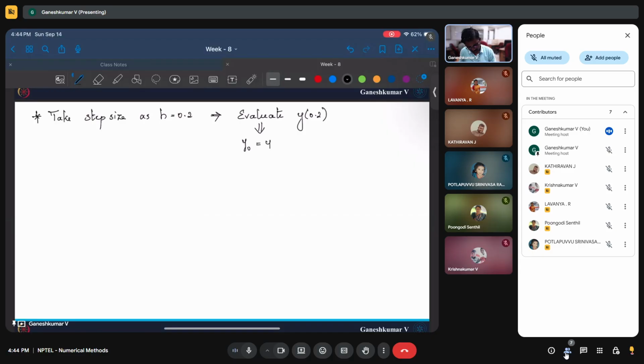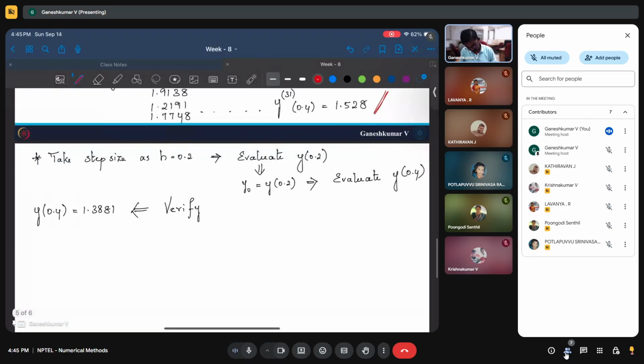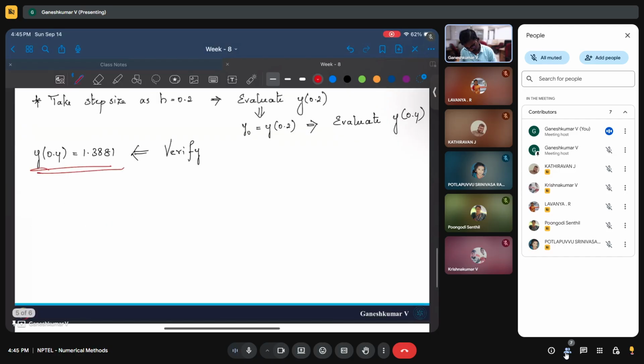Then use Picard's method and evaluate y at 0.4, and see how the value is different. For example, I tried to evaluate, but I'm not really confident in my results, but it was giving a closer result. I am getting y of 0.4 to be 1.3881, but please verify this. This is after taking two steps.